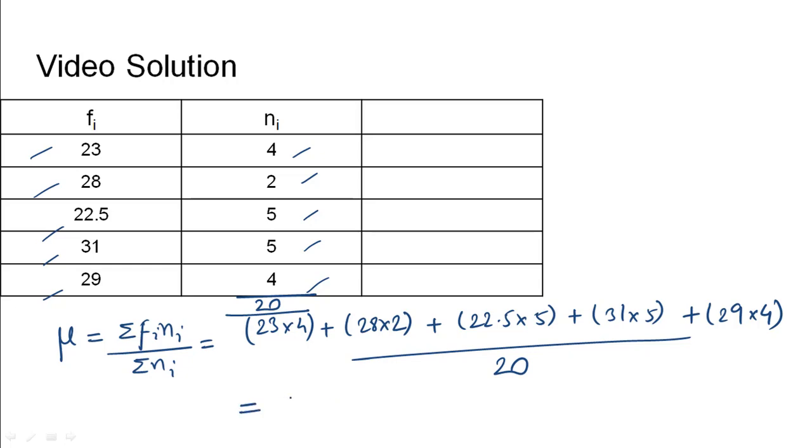So this would turn out to be 26.575 MPa. Here the compressive strength of the specimens have been given in megapascal and N is a number.